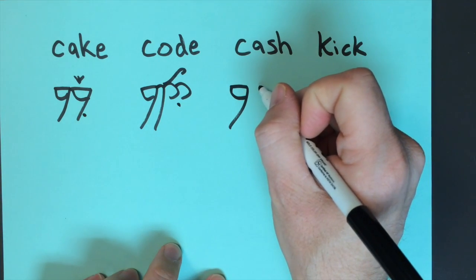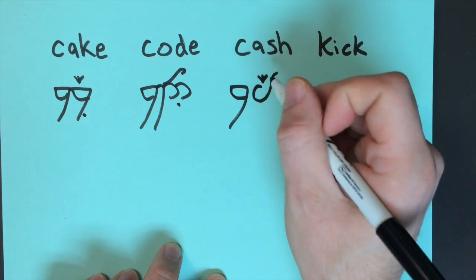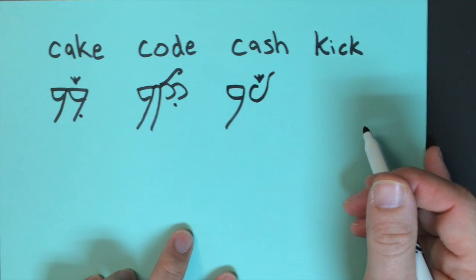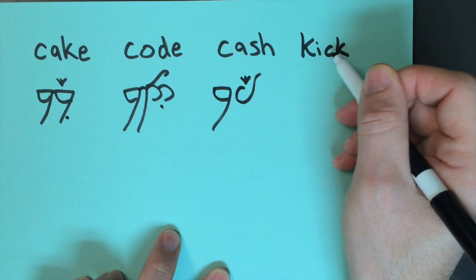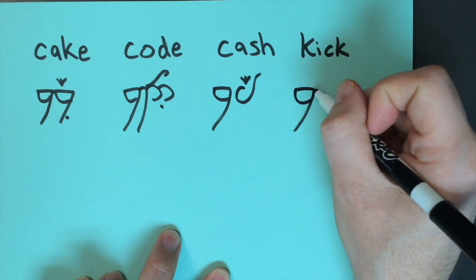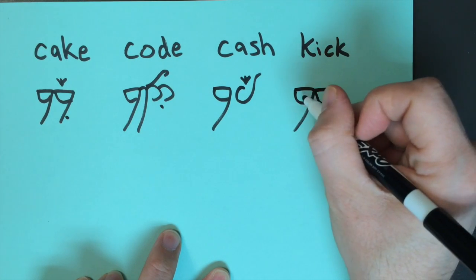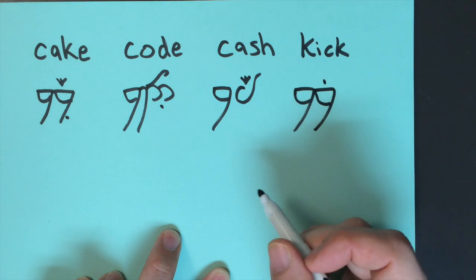We're going to draw our SH symbol like this, and then put the A vowel there. And then to draw kick, you notice how the CK still makes the K sound. So we're just going to do one of those, another one of those, just for the K and the K, and then draw an I on top to make kick.